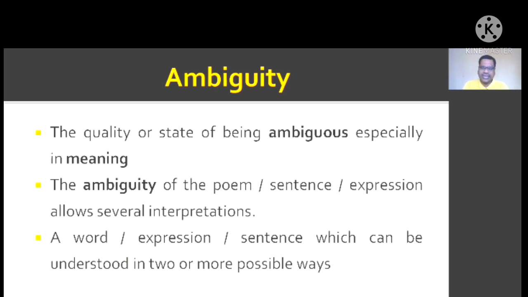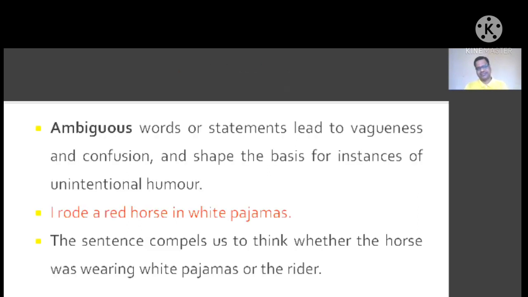So in simple words, we can say an ambiguity is a word or an expression or a sentence which can be understood in two or more possible ways. You have several ambiguous words or statements that lead to vagueness and confusion, that also shape the basis for the instances of unintentional humor.